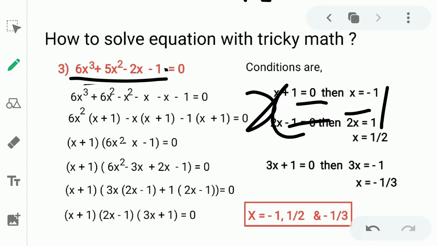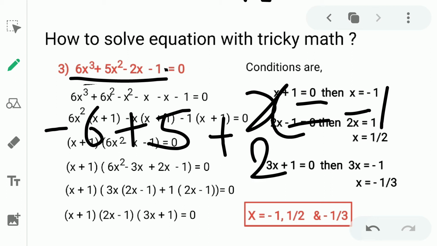If we put in minus 1, then it becomes minus 6, plus 5, plus 2 and minus 1, which is equal to 0.